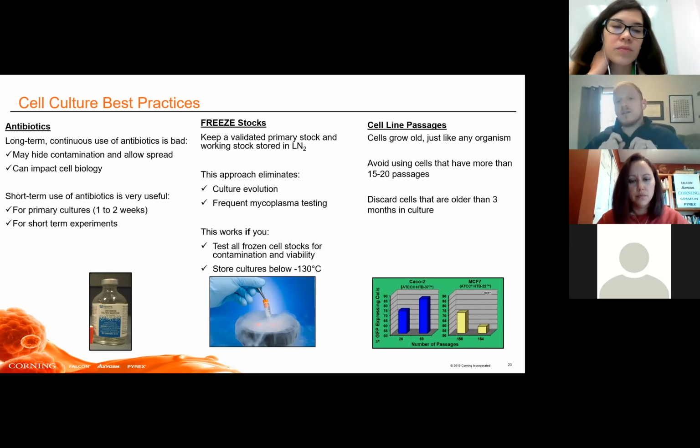So it's really important to have a validated primary stock that you've tested for contaminants and that grows with certain characteristics. So you can compare your cell culture later on to that validated primary stock. This essentially removes the evolution of your culture. So you can always go back to your stock cultures.